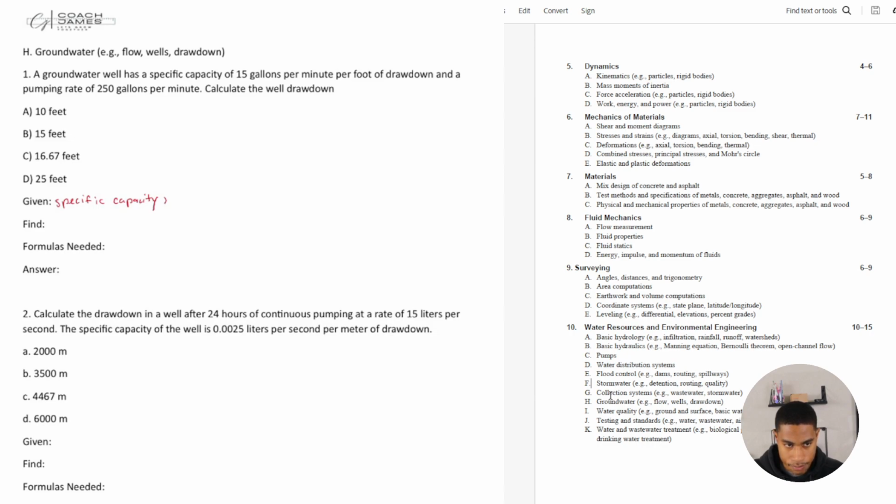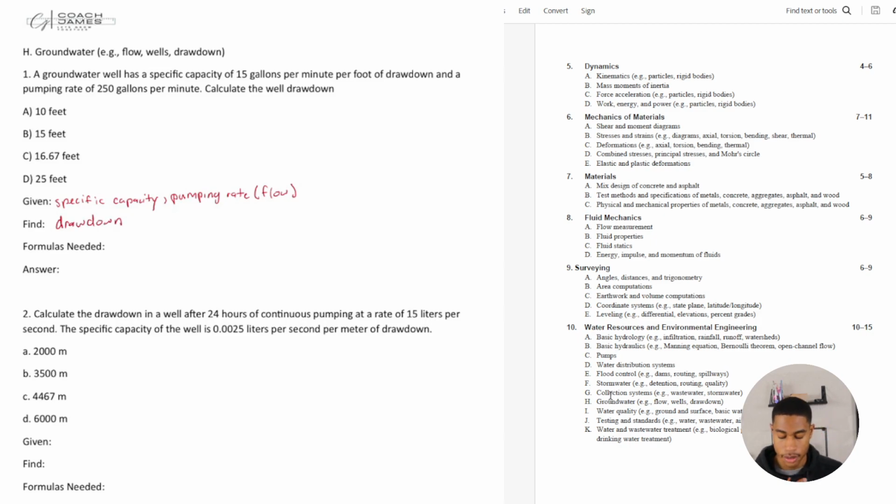We're also given a pumping rate, right? That pumping rate is basically a flow. And so a flow is just going to be your gallons per minute, cubic feet per second. It's a flow. All right, so we're trying to find drawdown.